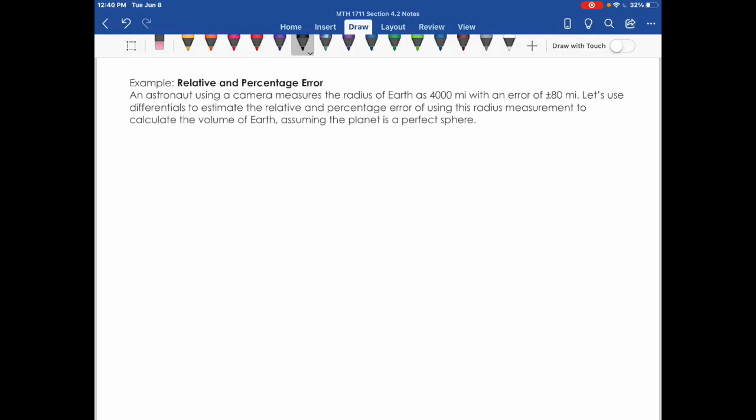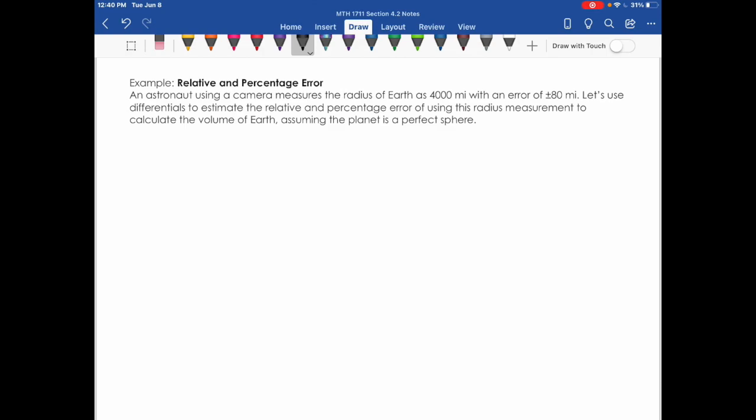In this last example, I'm going to show you how to compute a relative error, which is an error based on percentage. We're going to use the same technique we used in the previous example, and then we're just going to find out what the error is in terms of a percentage when we compare it to the actual value.